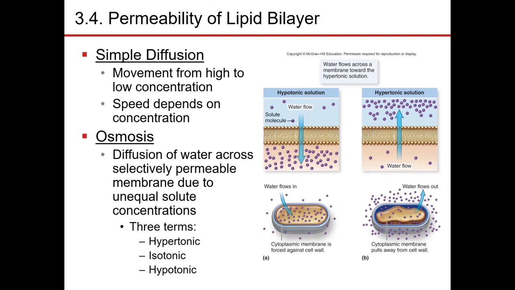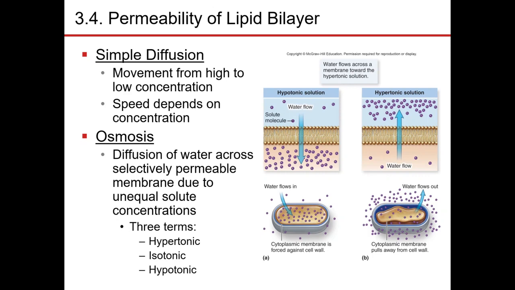And of course, osmosis is specifically the movement of water molecules, again, from a region of higher water potential to a region of low water potential. Now, the movement of water molecules, as you know, is dependent on how much water is present inside or outside the cell.